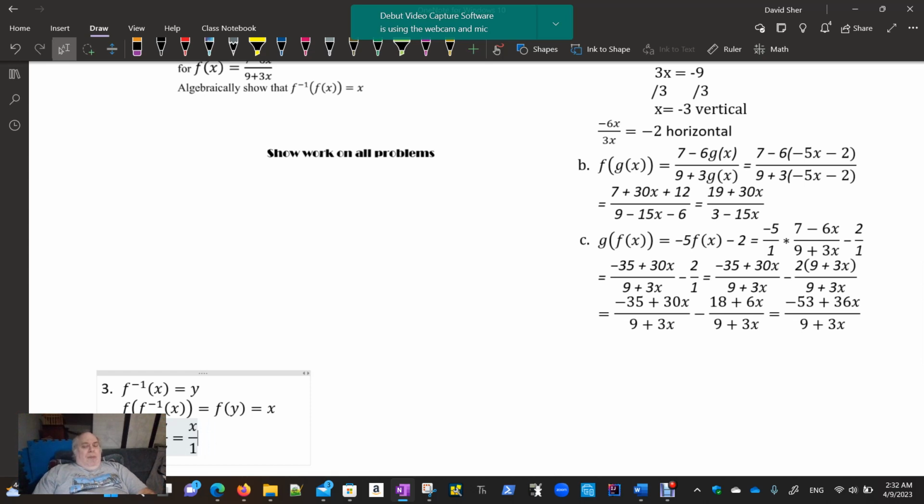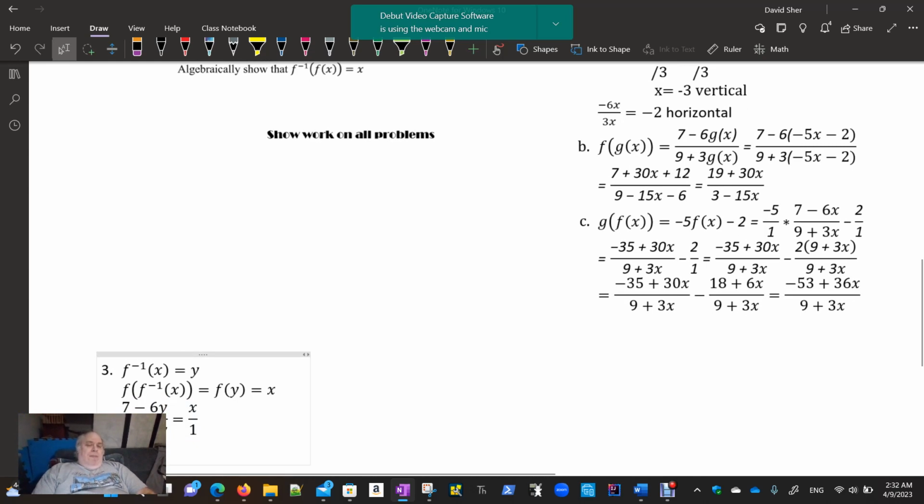Remember, when two fractions are set equal to each other, they get angry because no fraction ever wants to be equal to any other fraction, so we cross multiply. And that's going to give us the formula 7 minus 6y times 1, which is 7 minus 6y, is going to equal x times 9 plus 3y. But we distribute the x, and that gives us 9x plus 3xy.